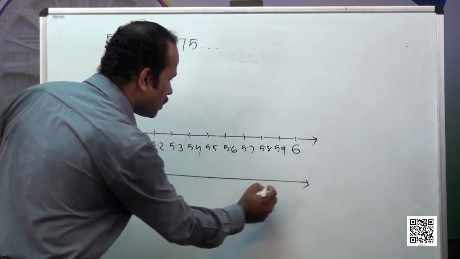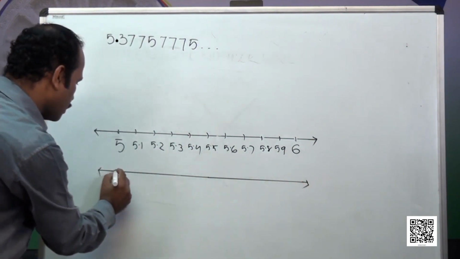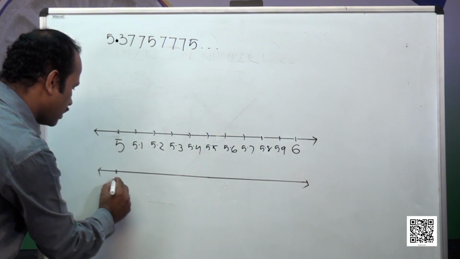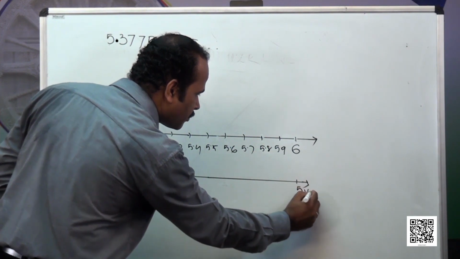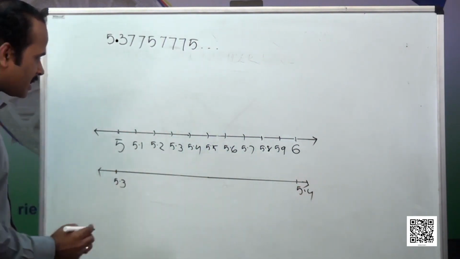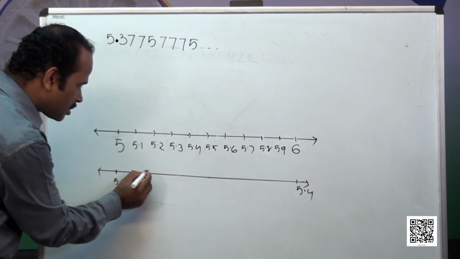So here I have selected this point 5.3, and here I have selected a point 5.4. In the same way, again I divided it into 10 equal parts.